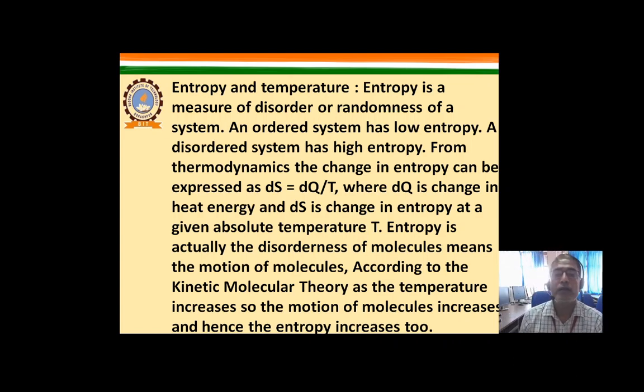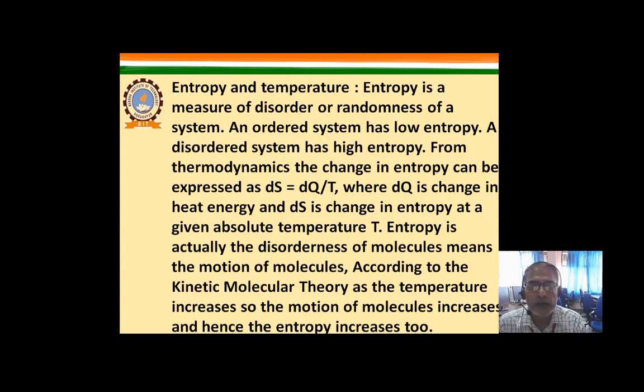An ordered system has low entropy. A disordered system has high entropy. From thermodynamics, the change in entropy can be expressed as dS is equal to dq by T, where dq is the change in heat energy and dS is the change in entropy at a given absolute temperature, that is T.